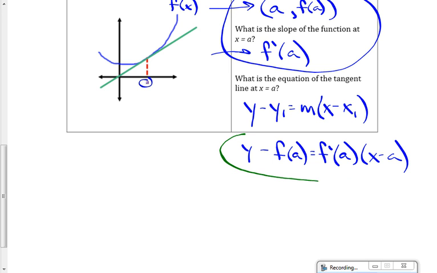What is this? That is an equation for that green line. Okay? Even though we don't really know what the function is and what the derivative is and all that, that's an equation for the green line.